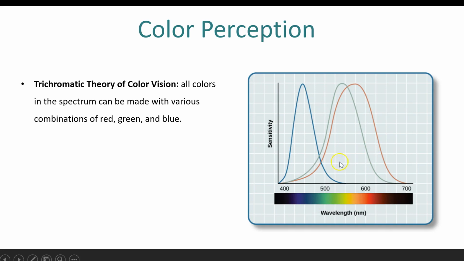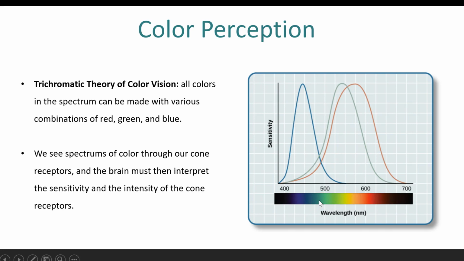And these three colors make up all combinations of the color spectrum. And we see spectrums of color through our cone receptors, and then the brain must interpret the sensitivity and the intensity of the cone receptors in order to interpret the kind of color that it's perceiving.